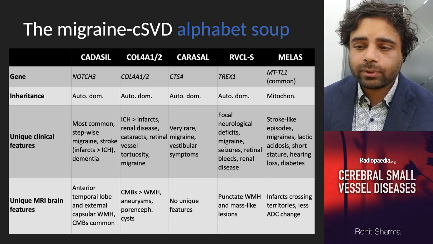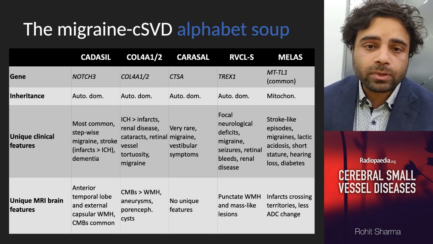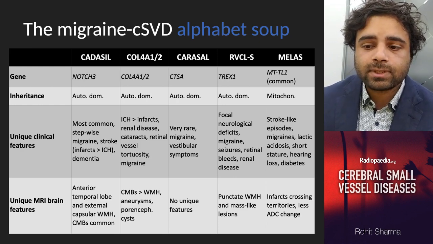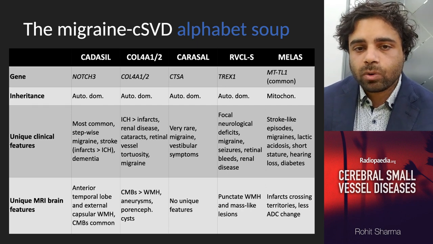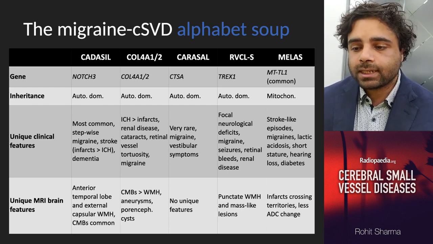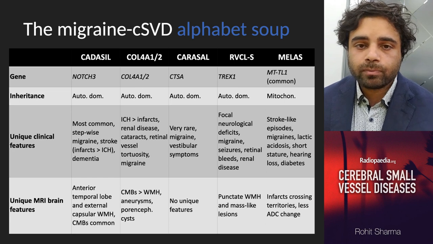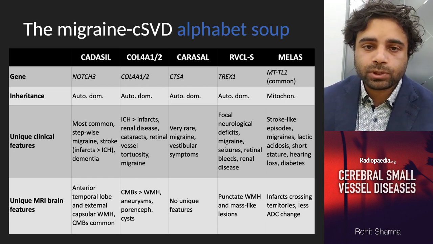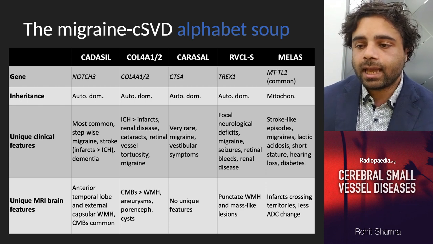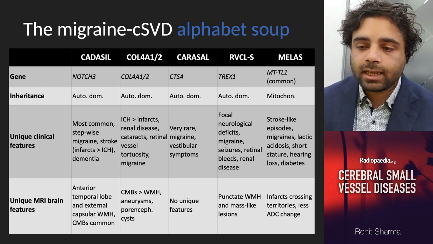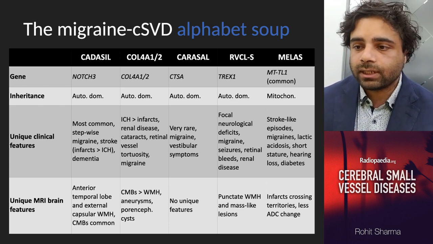CARASAL is exceedingly rare and does not, at the moment, from small numbers of patients, seem to have any unique radiological features. RVCLS is quite a different beast. It can present radiologically with both punctate white matter hyperintensities, which are very nonspecific, but also mass-like lesions, and as its name suggests, can really have a wide variety of clinical features.